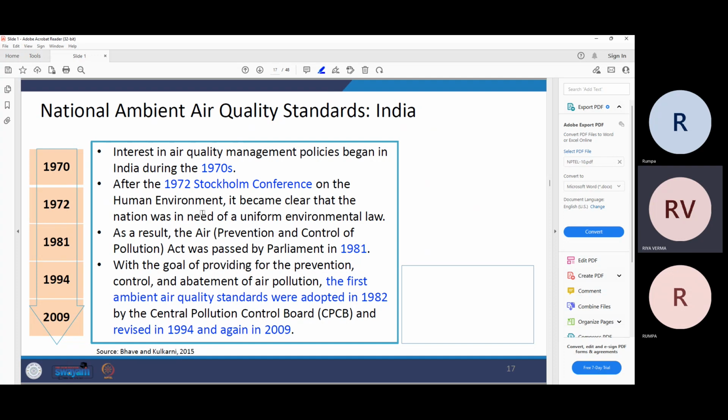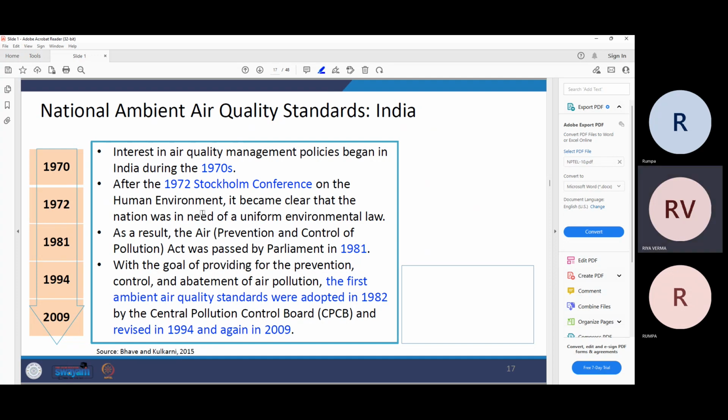So an act was passed known as the Air (Prevention and Control of Pollution) Act, that is the Air Act, which was passed by the Parliament in 1981. After the Stockholm Conference, this act was passed in 1981, with the goal of providing for the prevention, control, and abatement of air pollution, and the first ambient air quality standards were adopted in 1982.